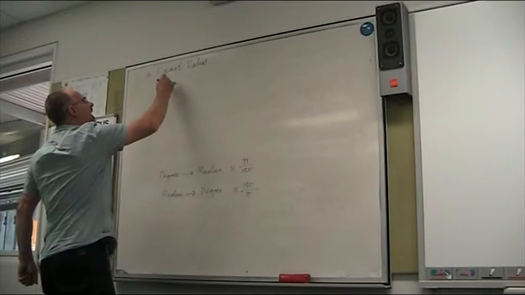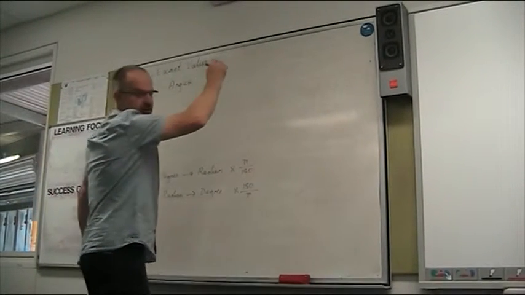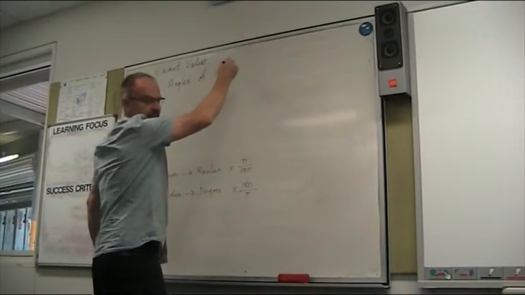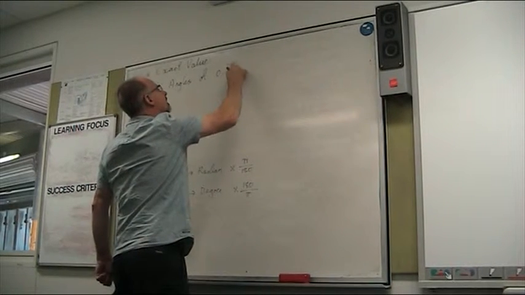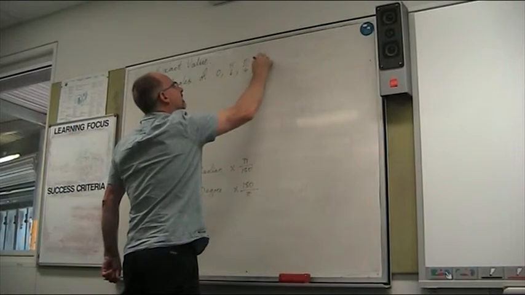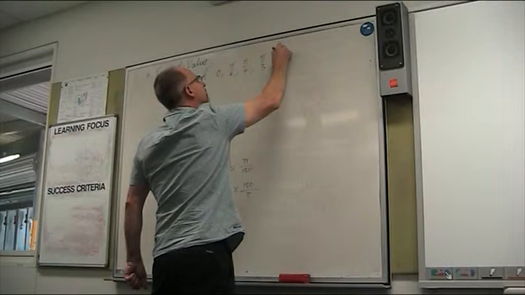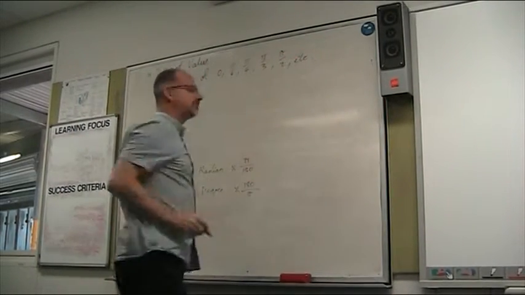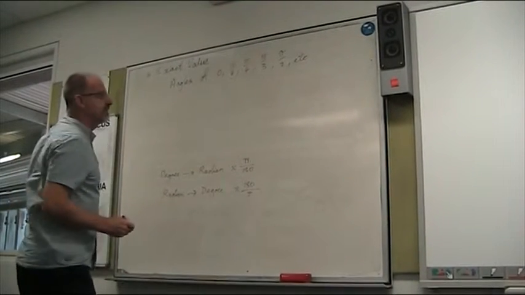So there's certain angles in radian, so 0, pi on 6, pi on 4, pi on 3, pi on 2, etc. They have exact values.